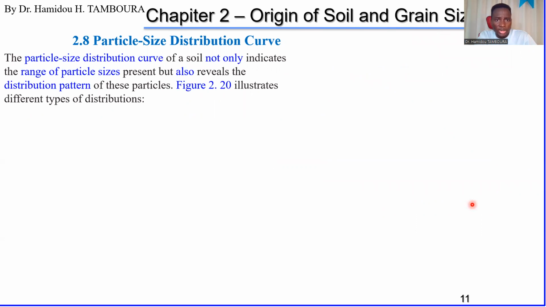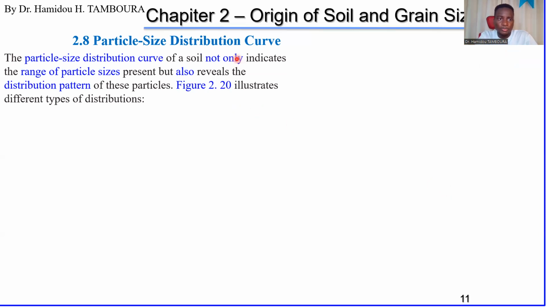What else can we get from this curve? We can get the coefficient of uniformity and coefficient of gradation. We can get the percentage of each type of soil, gravel, sand, and fines.